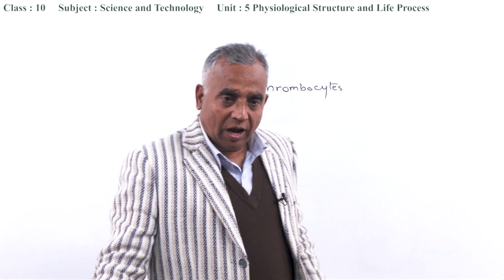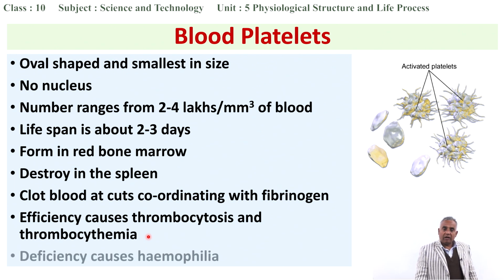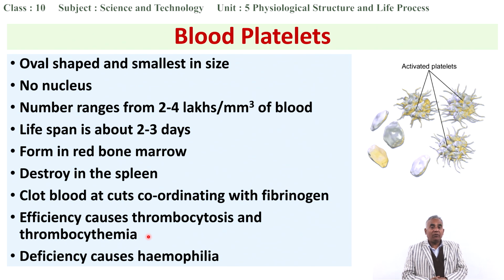Next, what happens when it is deficient? It causes hemophilia, the disease in which blood flows continuously and does not stop, and in that condition the victim dies. So it is due to deficiency of blood platelets or thrombocytes.